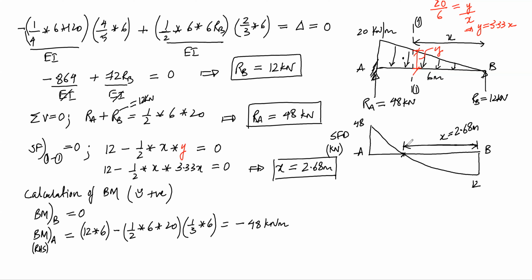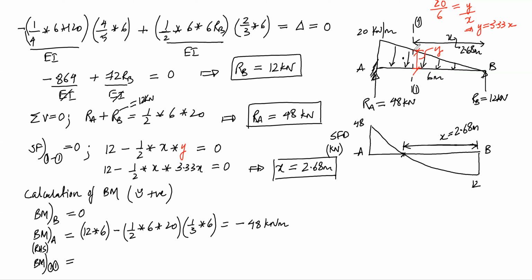And also we know at this section the bending moment has to be maximum. So I can write the bending moment at section 1 can be calculated. So this is my section 1. At this section I have to calculate the bending moment, and I know x is equal to 2.68 meters.